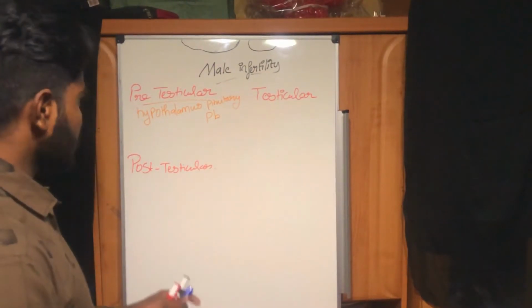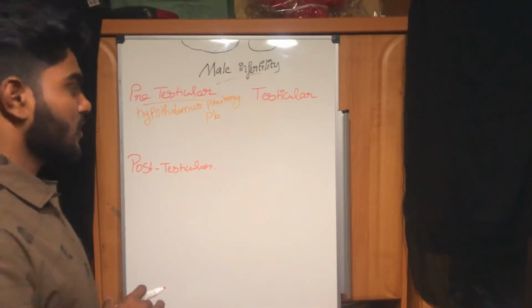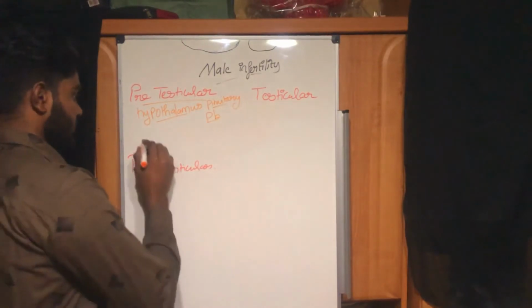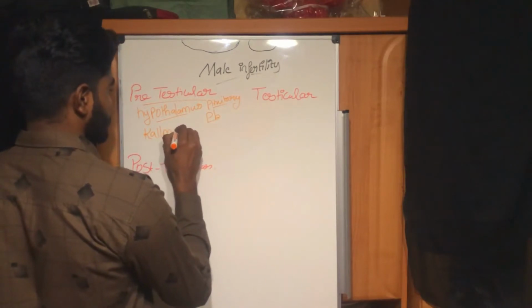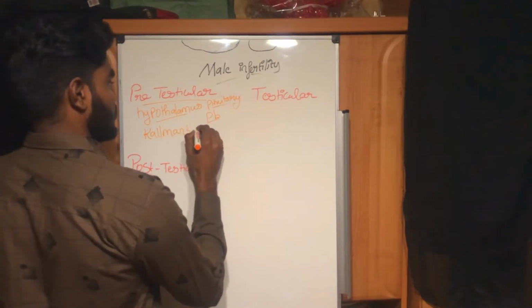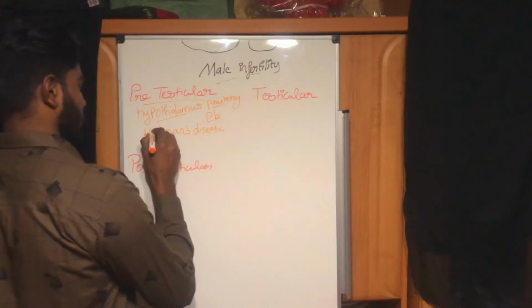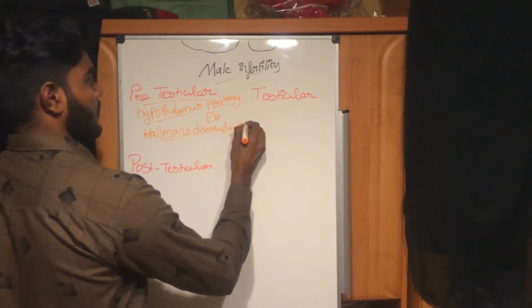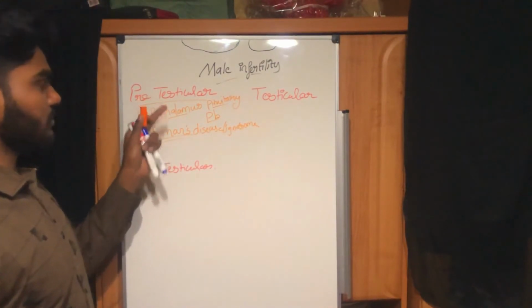Now here, if the pre-testicular problem is present, there is no production of sperm. So hypothalamus pituitary problem. At the same time you can see the disease, Kallmann disease or Kallmann syndrome, in the pre-testicular.